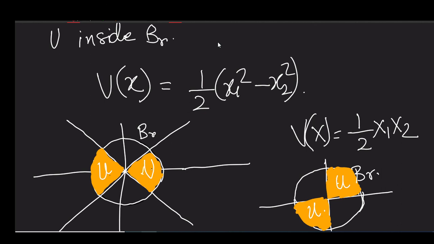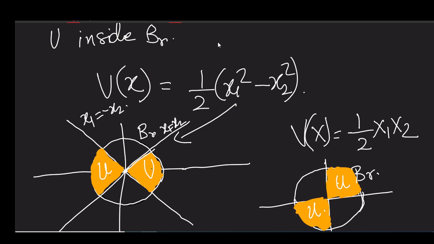this cannot move in this direction. Why? Because V(x(t)) has to be a, and if you notice, everywhere for this function, on all this line, this one is x1 is equal to x2, and this line is x1 is equal to minus x2.